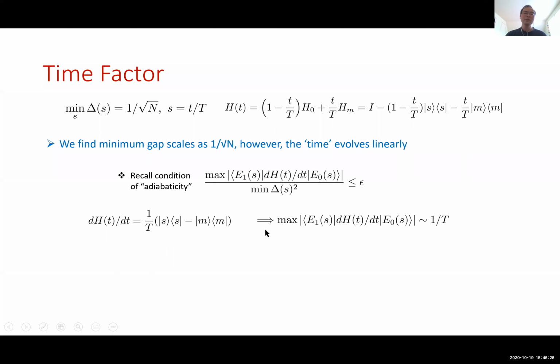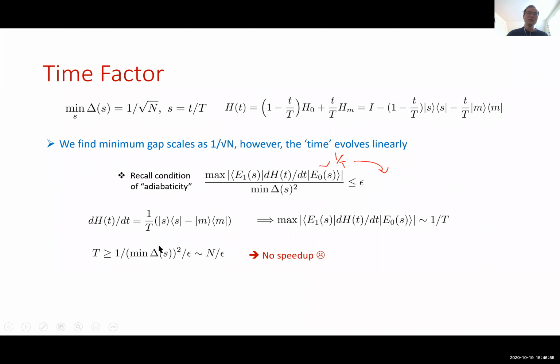The maximum of this would be of order 1 over t, right? So this means our criteria is that I move t. So this is really 1 over t, and I move t to the right hand side, and then I'll become the left hand side. So this means t has to be greater than 1 over the minimum gap squared, over this epsilon.